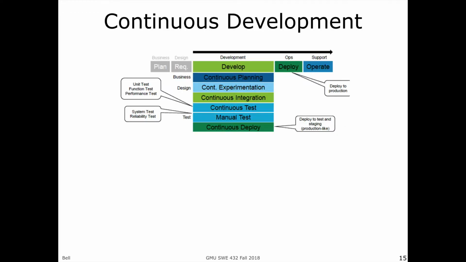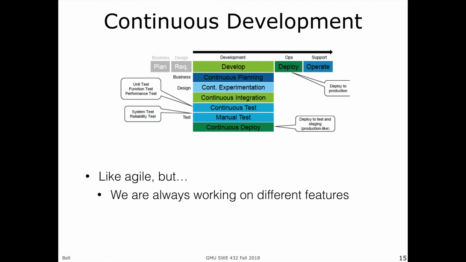So this gets us to the first of the continuous buzzwords that we're going to talk about today: continuous development. Continuous development is a lot like Agile, but with Agile, we might have lots of developers all working together on the same iteration or the same features.